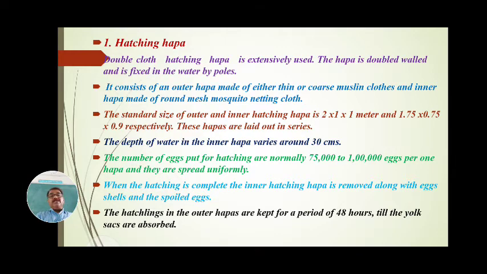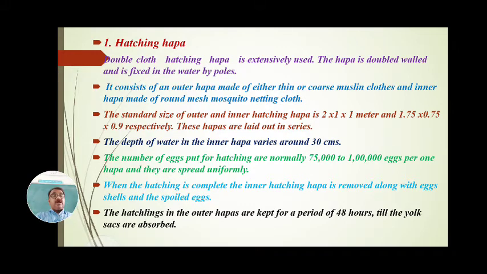When eggs break down, spawn or hatchlings are produced. In these spawn or hatchlings, the egg is broken down and a sac is present, that is the yolk sac. It is the reserve of food material. A larva with a yolk sac is called a yolk sac larva.